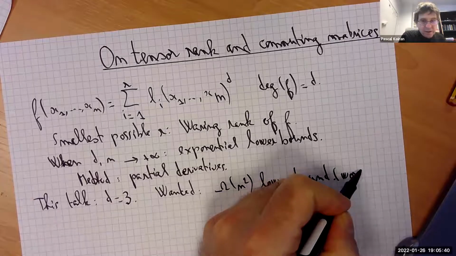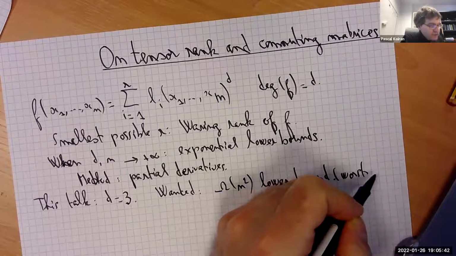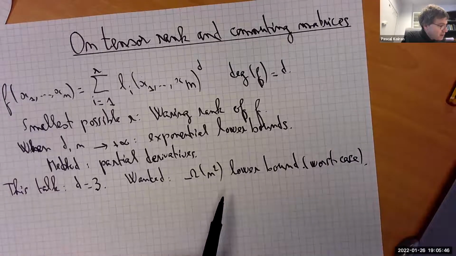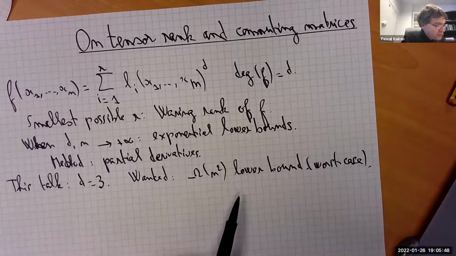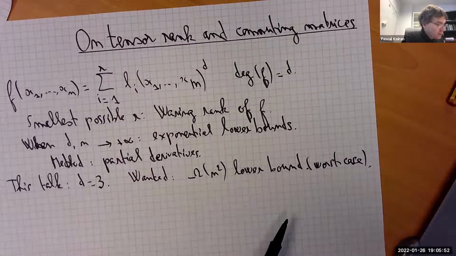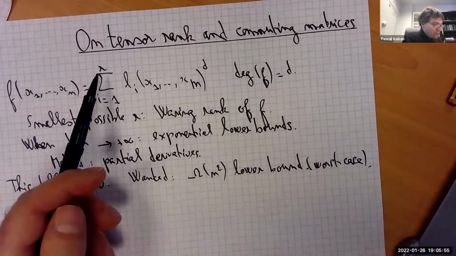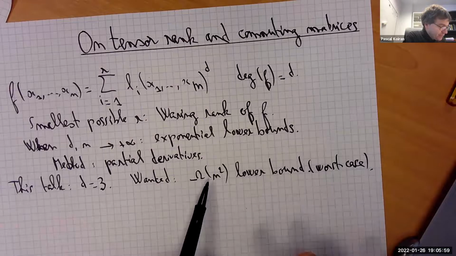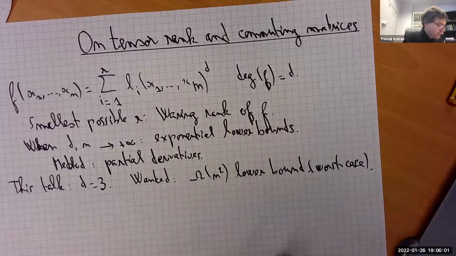And it's known that this is actually the worst case. So any polynomial of degree 3 in n variables, you can write it using order of n squared terms here. So if you can do this, this is as good as possible, at least up to the constant.